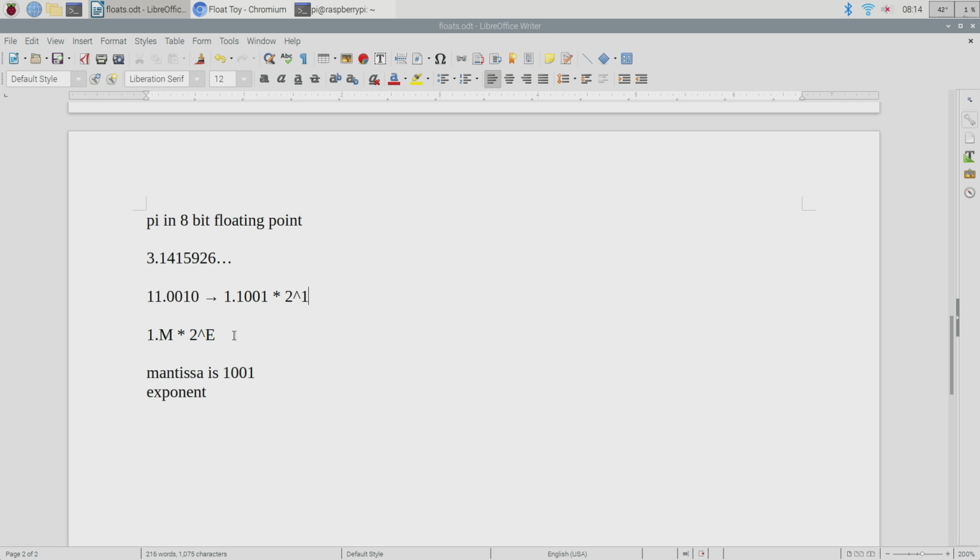Moving the radix in binary is basically the same as either multiplying or dividing by 2. If I move the radix to the left, that's like dividing by 2, and if I then multiply by 2, those cancel each other out, and I basically have the same thing back.